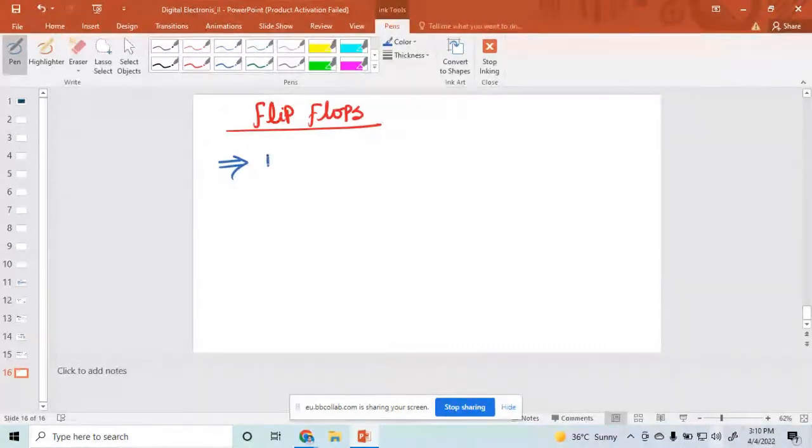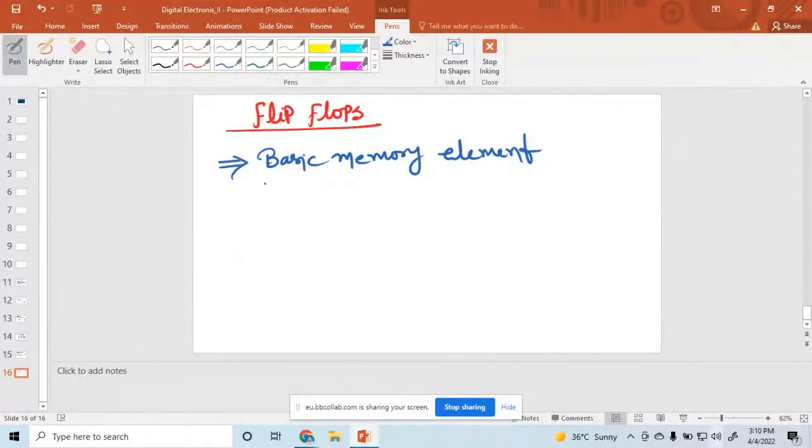So simply you can say a flip flop is a basic memory element. It can store 1 bit.